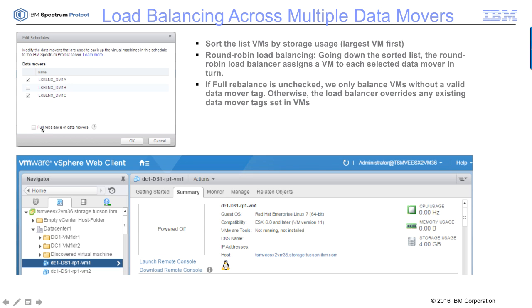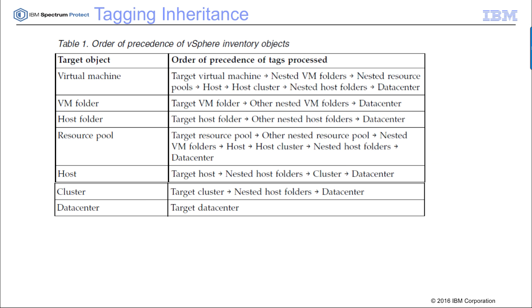Otherwise, if you do check this full rebalance of data movers checkbox, the load balancer is going to override any existing data mover tags set in the VMs. In other words, reassign all of the virtual machines that are associated with that schedule.